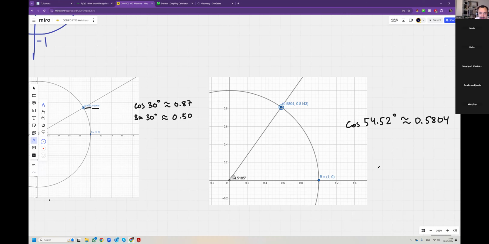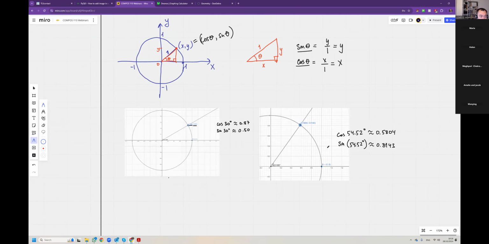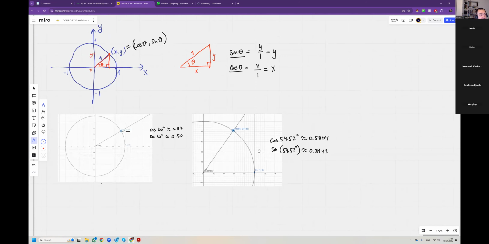And sine 54.52 degrees is approximately 0.8143. So this is a way of linking sine and cos for any angle.